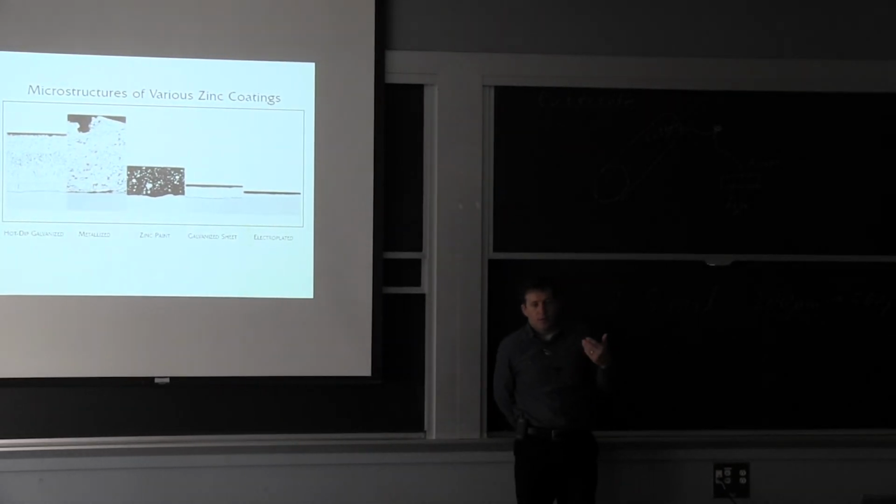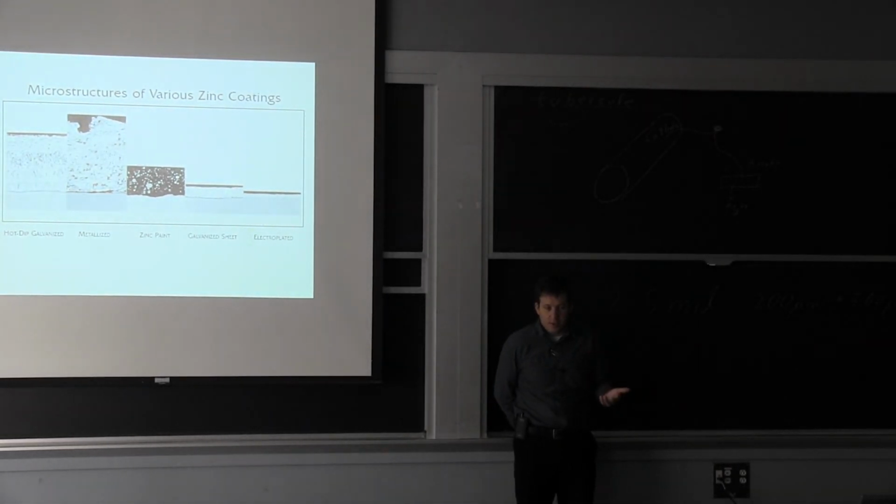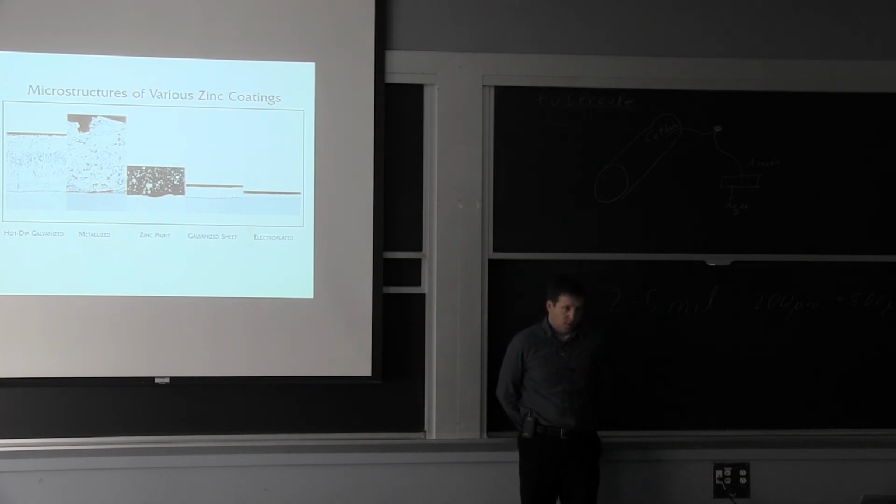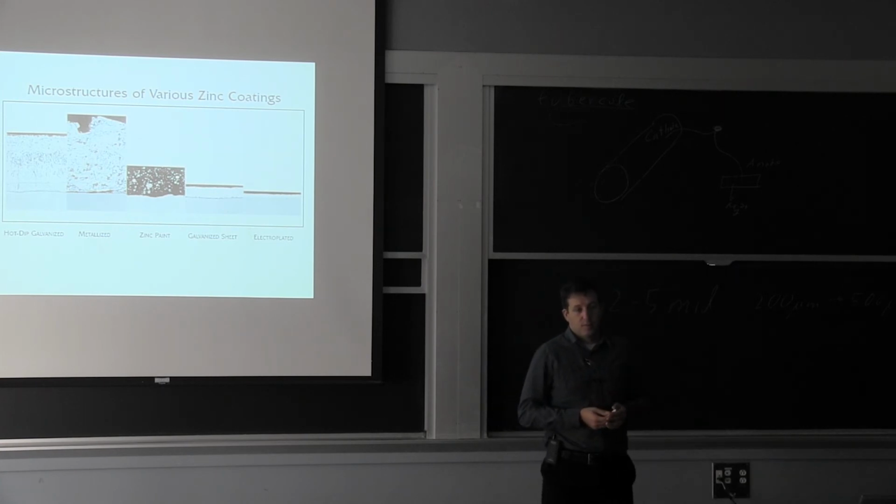And how I know that is people have done studies of how much zinc you lose over time for different atmospheric conditions. And it is a lot less than it is for the steel. And if you put your hot dip galvanizing on the whole surface, you don't consume a whole lot of it to protect the steel. It's very, very minimal.